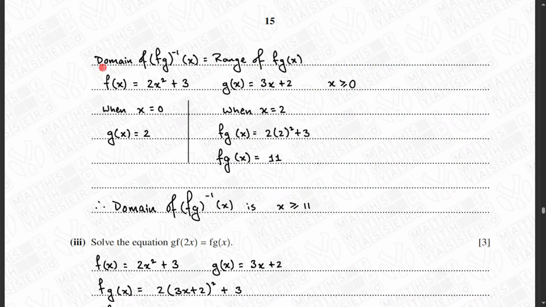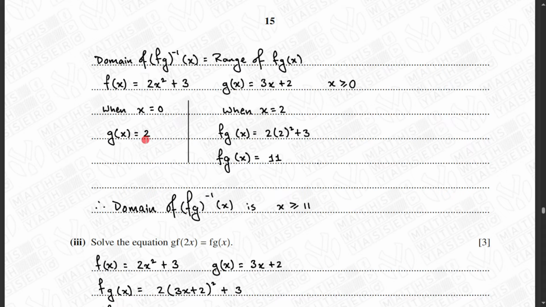Now, in order to find the domain of fg inverse of x, we know that the domain of fg inverse of x is equal to the range of fg of x. So let's first find this. f of x is equal to 2x squared plus 3 and g of x is 3x plus 2 for x greater than or equal to 0. So when x is equal to 0, g of x is just 2, because 3 times 0 is 0 plus 2 will give us just 2.